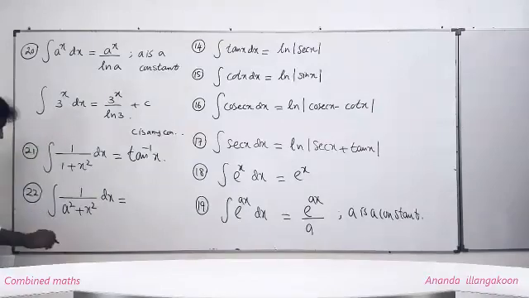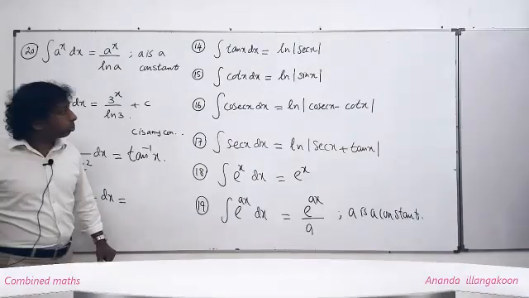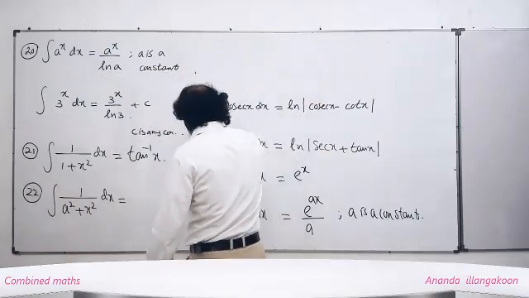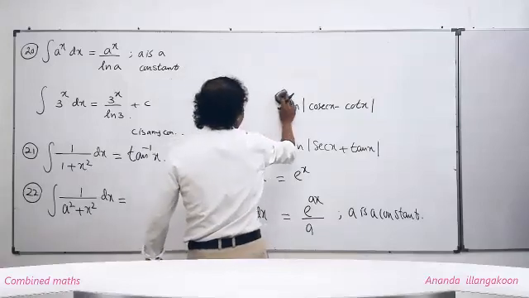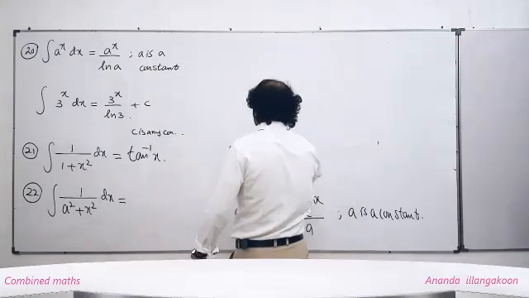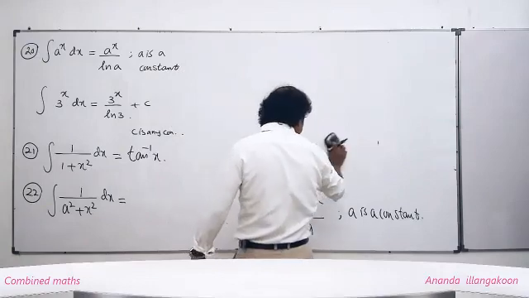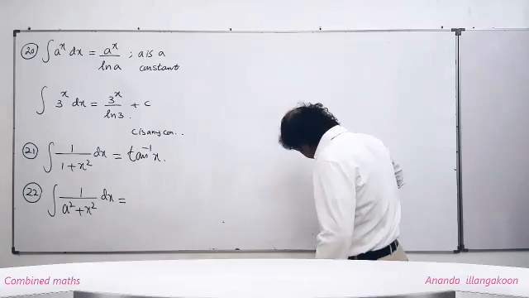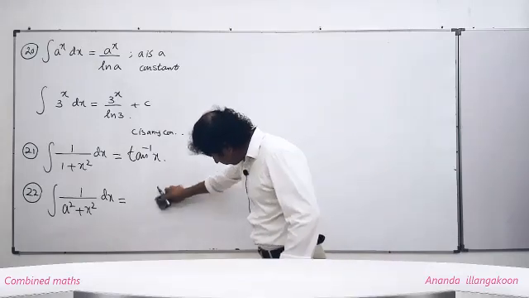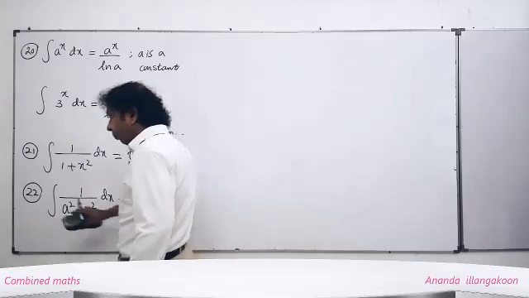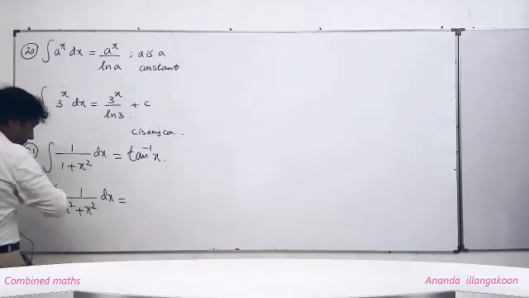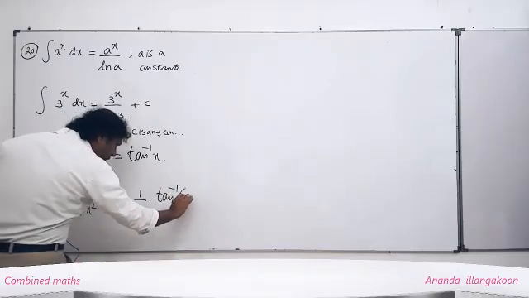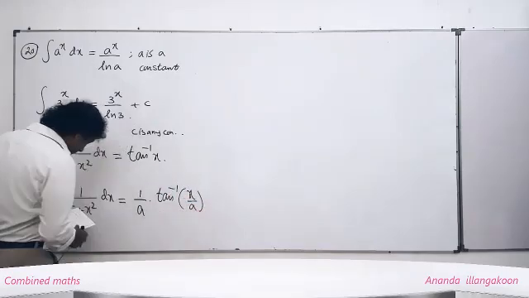A is a constant. Here, the answer is 1 upon a tan inverse x upon a, right?